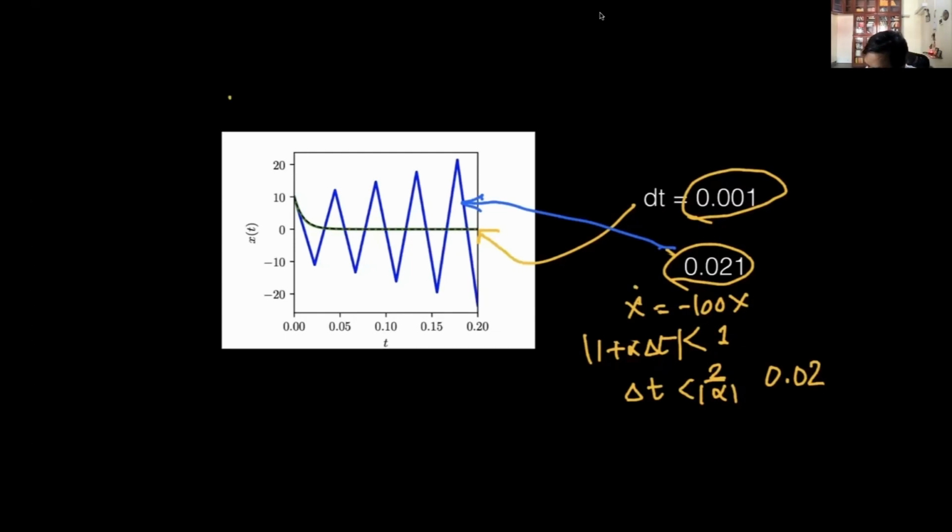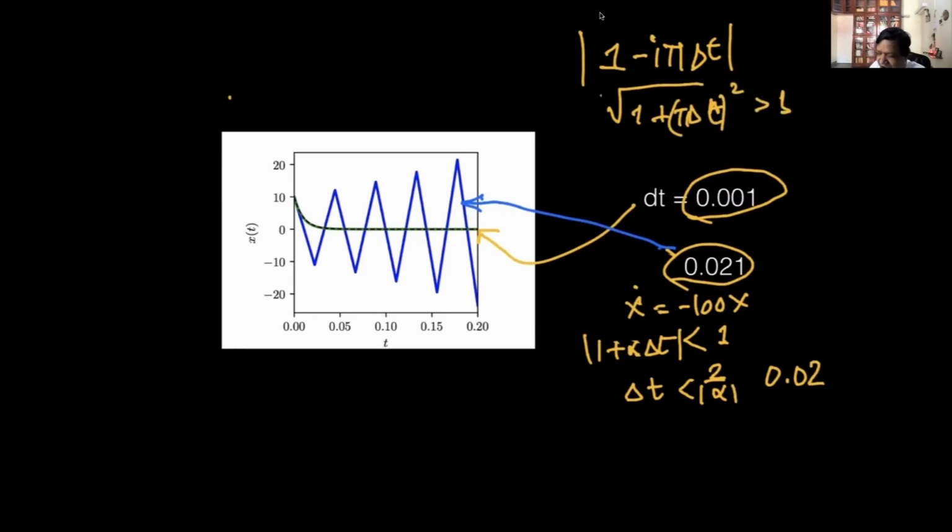Now, this problem also happens for complex alpha. The simple example, the one I did with i pi, was spiraling outward. So we have 1 plus alpha delta t, where alpha was minus i pi. What is the mod of this? Is it greater than 1 or less than 1? It's greater than 1, no? Because this is the real and imaginary part. In fact, this is the square root of 1 plus (pi delta t) squared. So this is greater than 1, for any delta t.